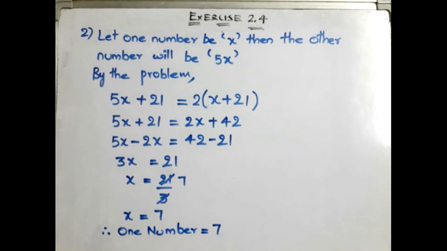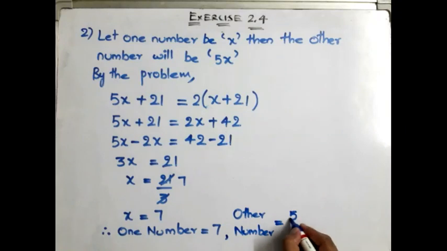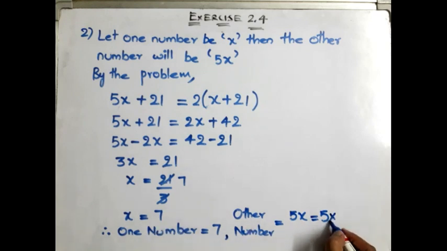If one number is going to be 7, then how will we get the other number? The other number is equal to, we already took the other number as 5x. That means 5 into, we already have the value of x as 7. 5 into 7 is equal to 35.